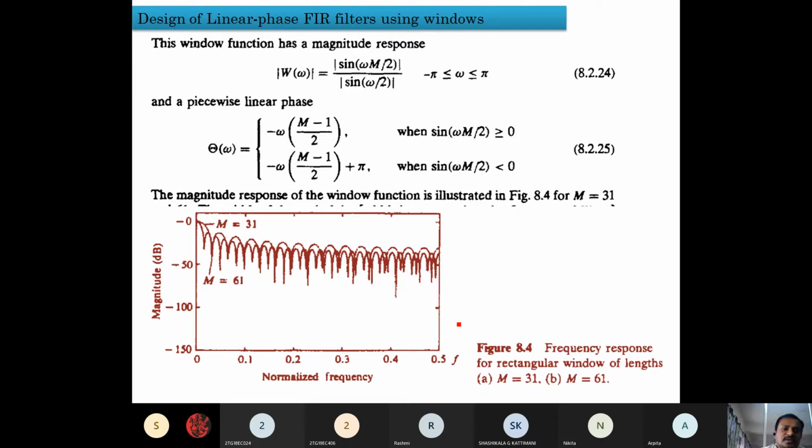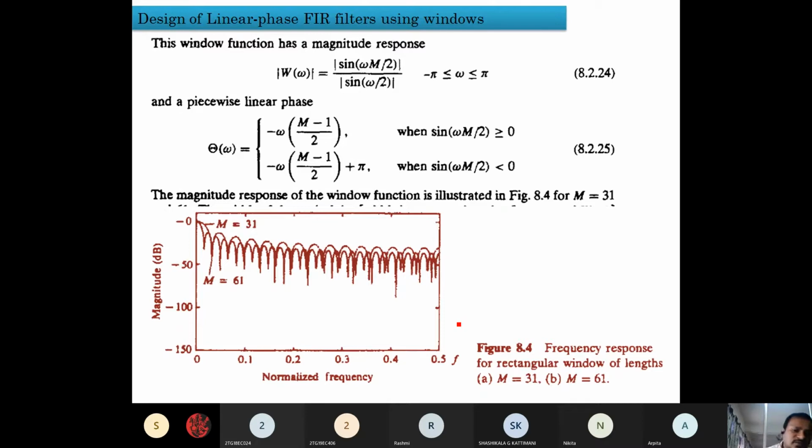And the linear phase of the window, theta of omega, is given by minus omega (M minus 1) by 2 when sine omega M by 2 is greater than or equal to 0. If sine omega M by 2 is less than 0, then the phase will be minus omega (M minus 1) by 2 plus pi.